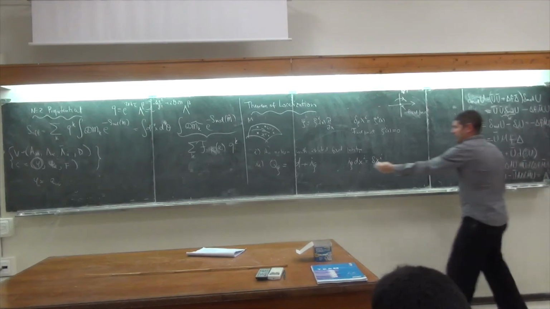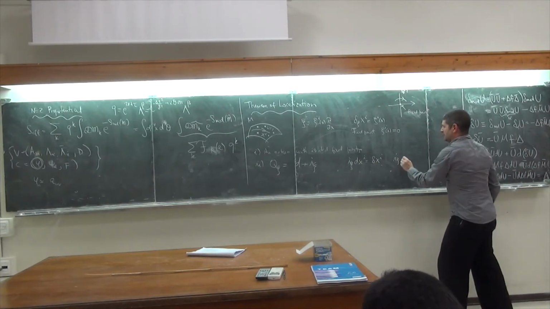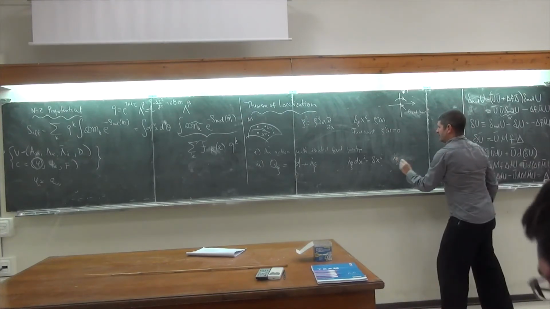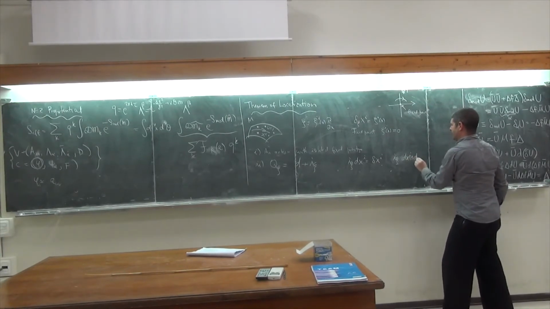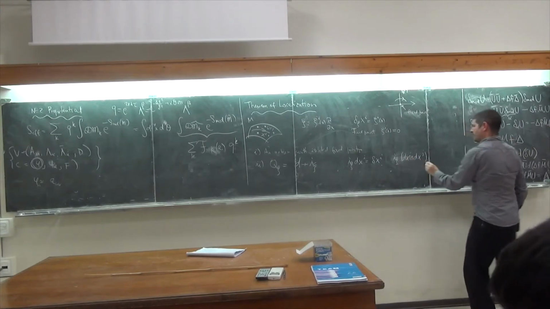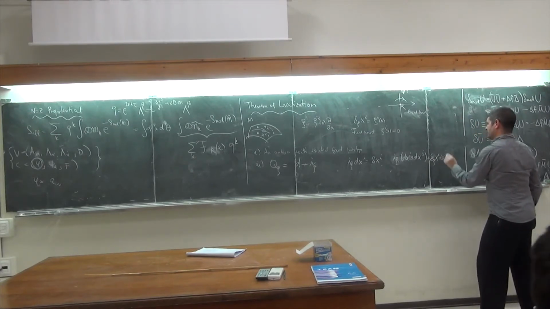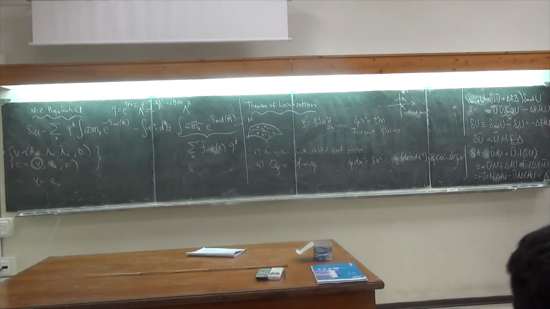For example, I_psi of dx^1 ... dx^i ... dx^k gives psi^i times dx^j minus dx^i. This is the definition of contraction.